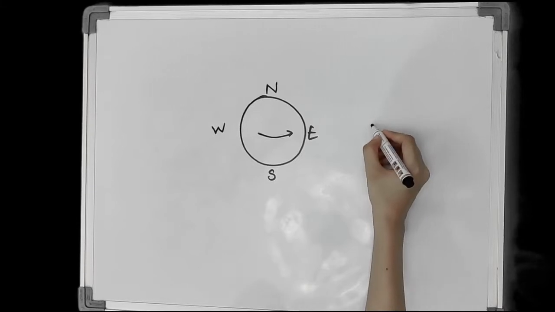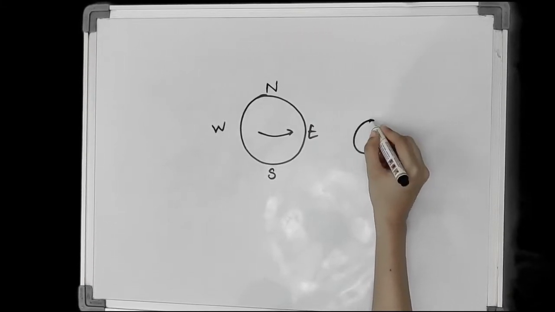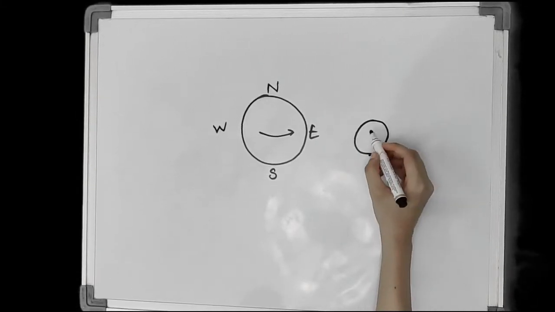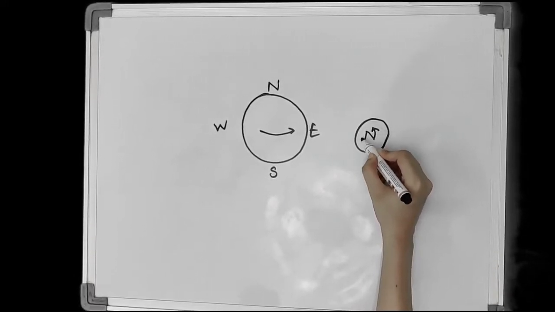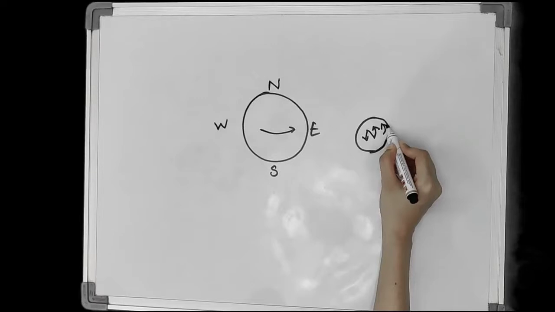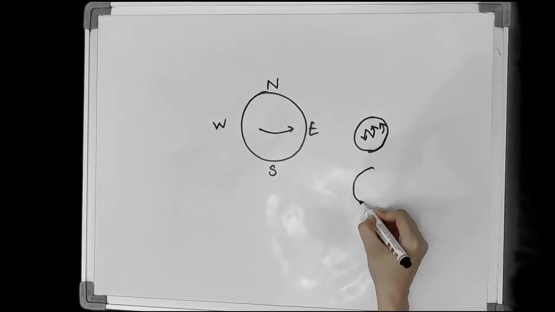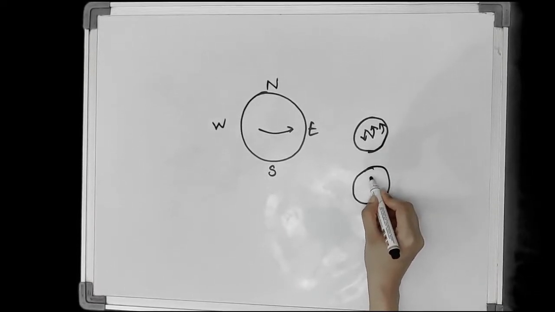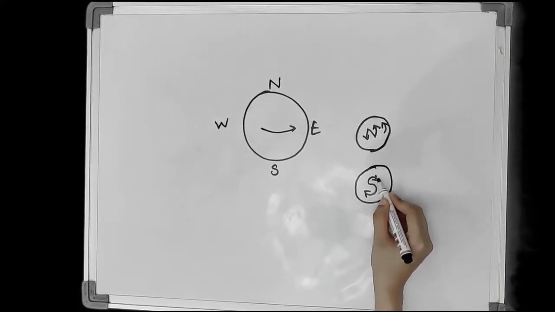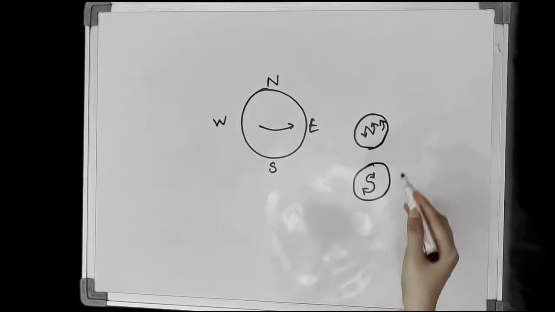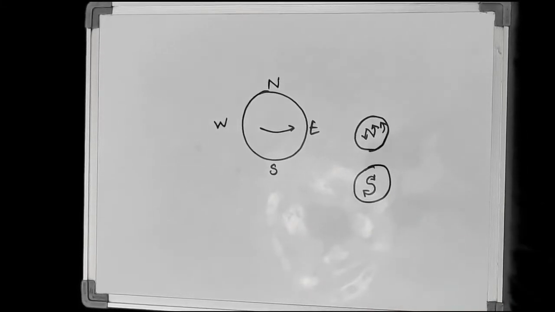So there's a trick to remember this. If we are viewing from North Pole, the Earth appears to rotate anti-clockwise. And if we are viewing from South Pole, the Earth appears to rotate clockwise. So this is just a simple trick to remember.